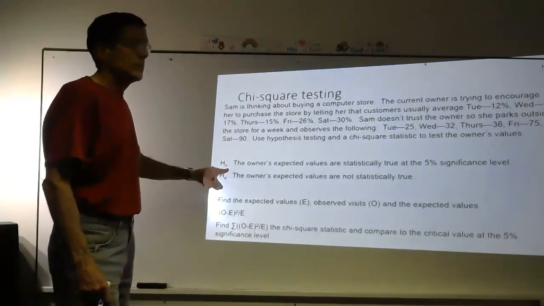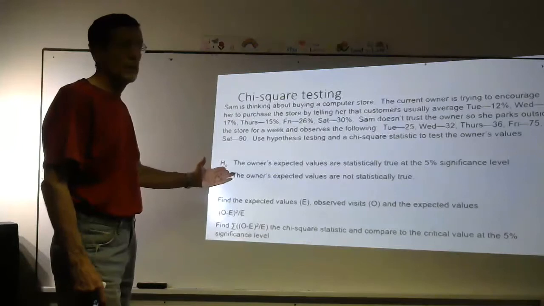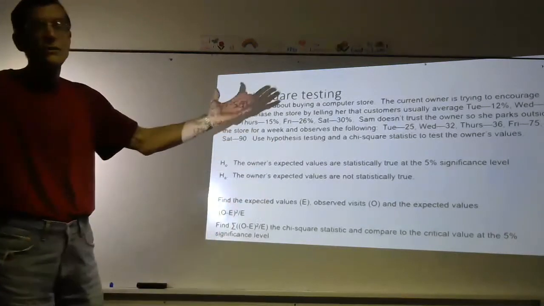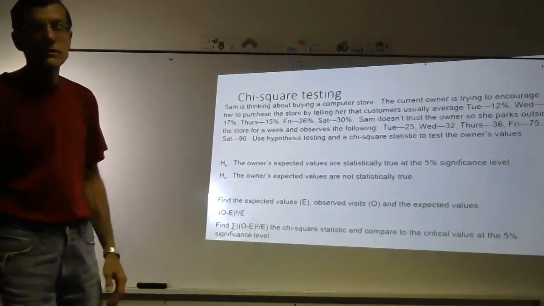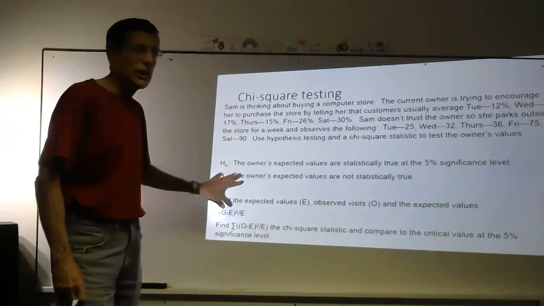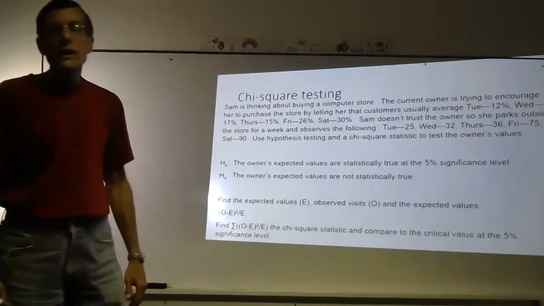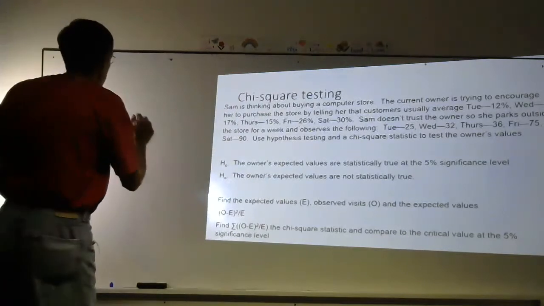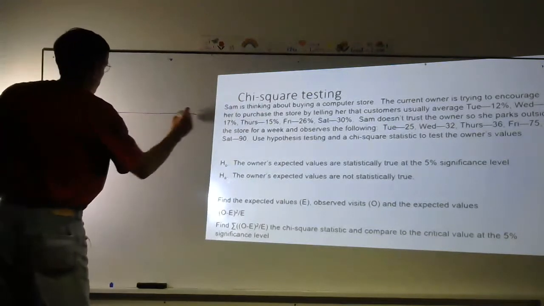H naught is the initial hypothesis that the expected values are statistically true at the 5% significance level. The alternative hypothesis, just like chapter 9, is that the values are not true. So we're going to test it. Find the expected values. Now you have to make a chart.